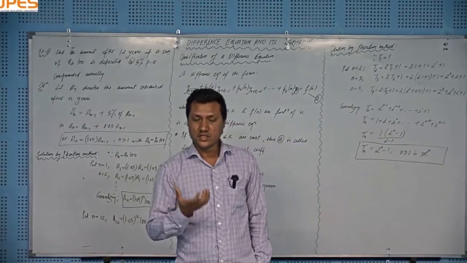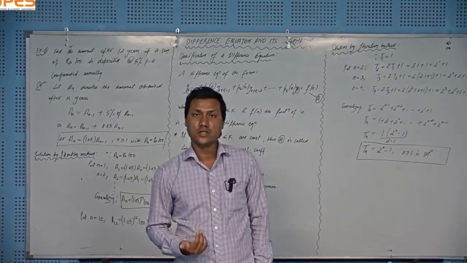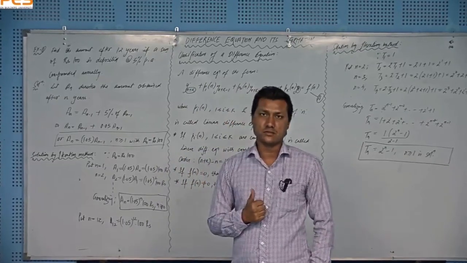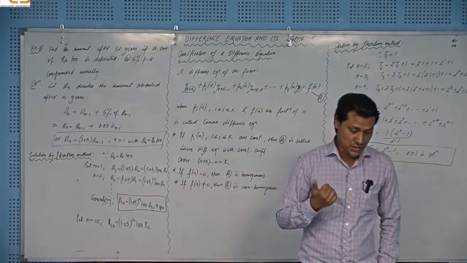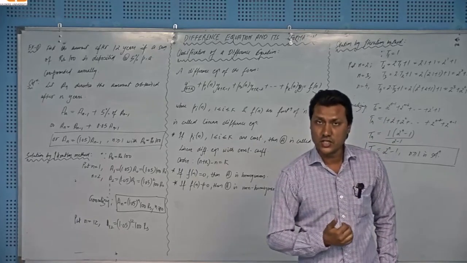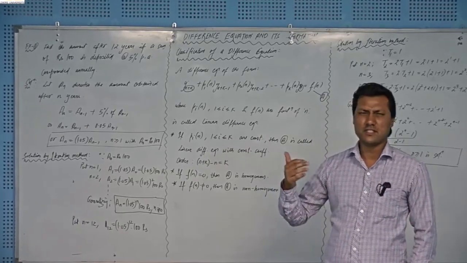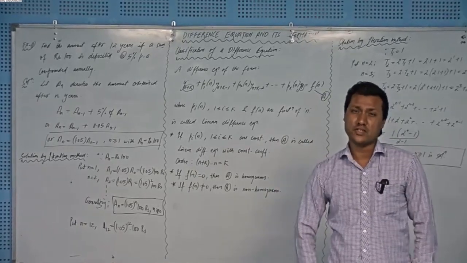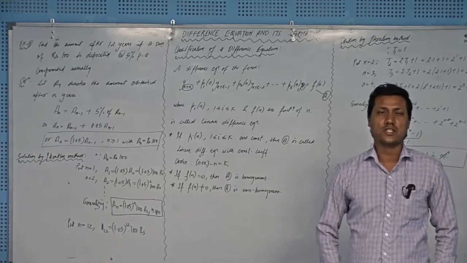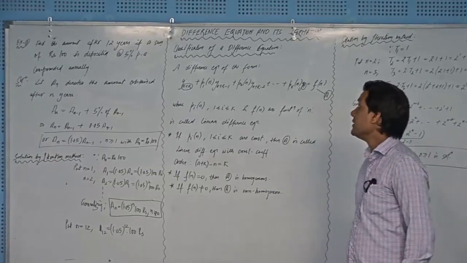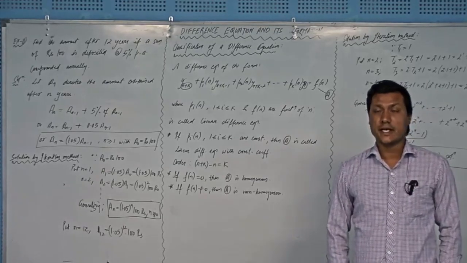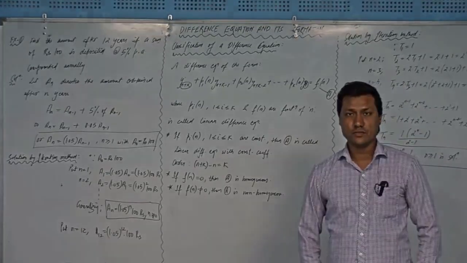So we need some concrete theory to find the solution of a difference equation. Using the same concepts as for differential equations, we have several methods to solve homogeneous or non-homogeneous equations, and the same methods will be applied here. That will be the part of our next video. For this video, thanks.